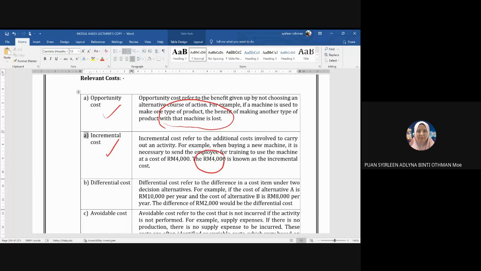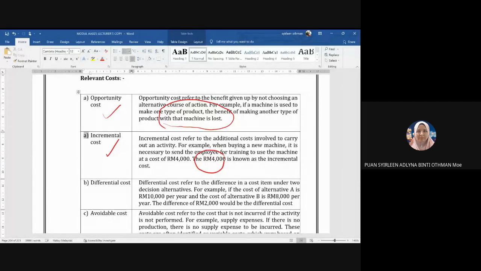Okay, all right. C is differential cost, perbezaan. Okay, so differential cost refers to the difference in a cost item under two decision alternatives. Okay, so maksudnya dia melibatkan dua keputusan yang berbeza. Okay, tapi perbezaan antara dua keputusan tu dipanggil sebagai kos perbezaan.